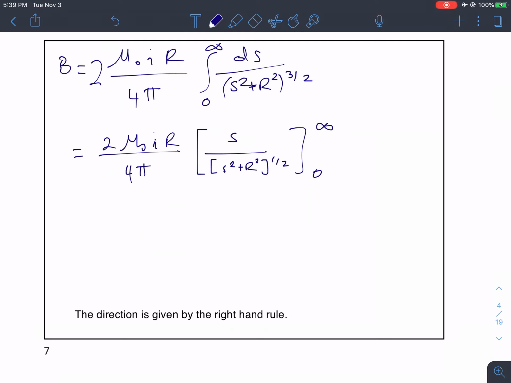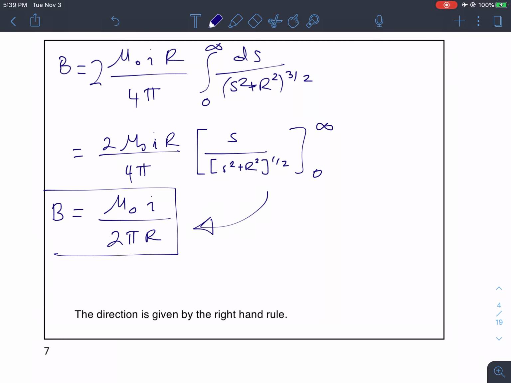We're going to put the limits in, and the 2's are going to cancel. We get R at the bottom, and the s's will go away. So we have mu naught I over 2 pi R as the B field, after plugging in infinity first, and then minus 0 for s. See if you can get this answer from this integral.